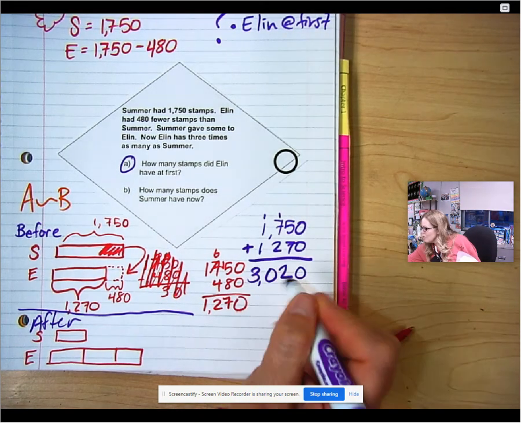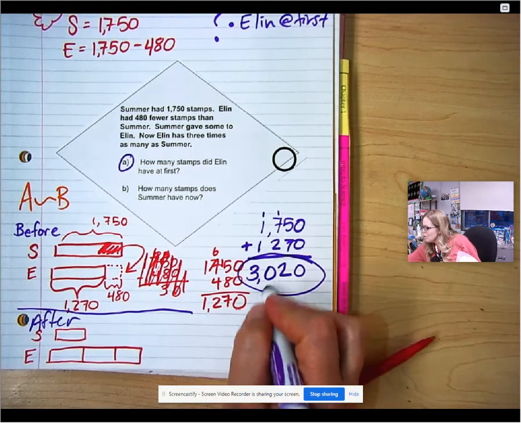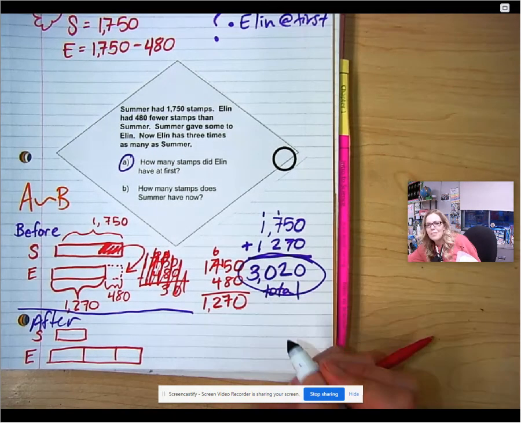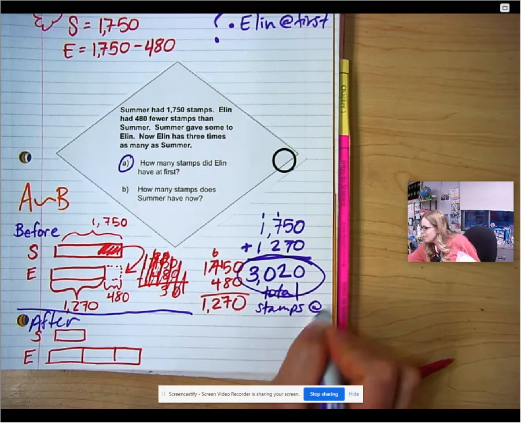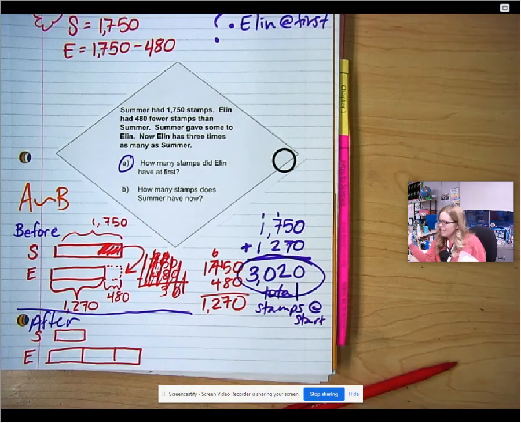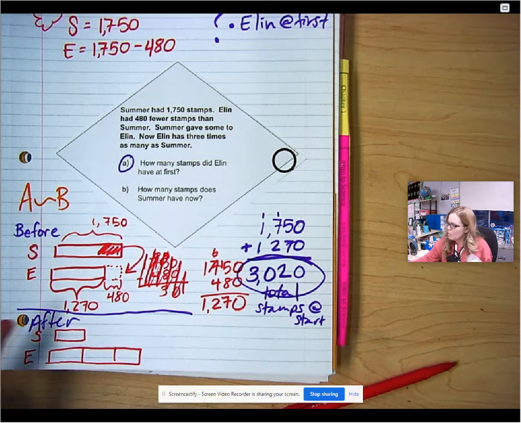Okay, so this is total, and I like to label everything as I go. Total stamps at start. Because the amount of total stamps doesn't change. What changes is who has what. Okay, so if that's the total stamps they started with, guess what?